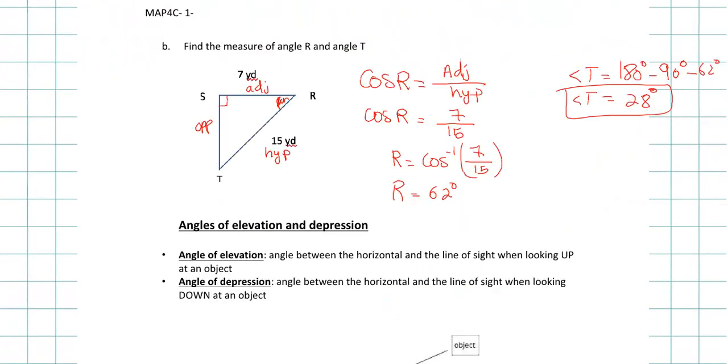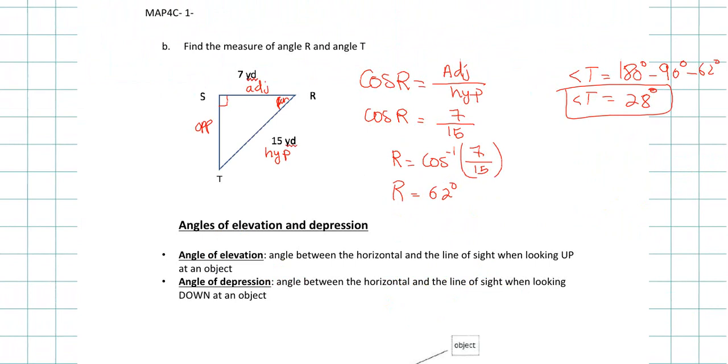Another thing that you're going to see a lot in word problems is the words angle of elevation and angle of depression. How many of you, in a show of hand, know what angle of elevation and angle of depression mean? Okay. An angle of elevation is an angle measured from the horizontal line.